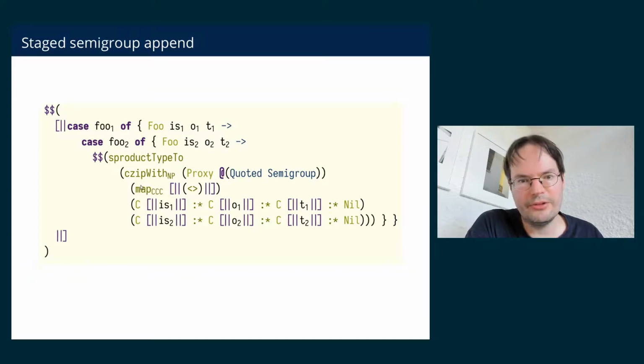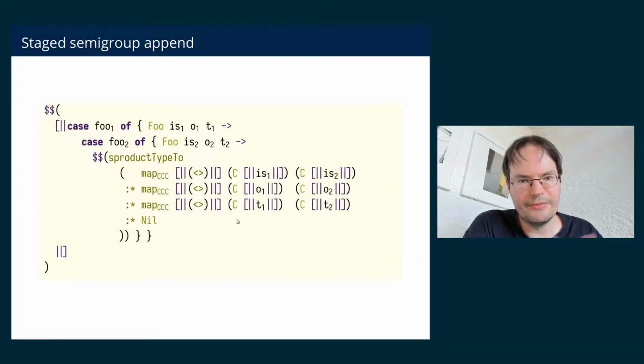And now we're at a point again where we can apply czipwidth, and that is essentially the same as before, only that now we are applying it with this map CCC operator of the quoted diamond operator. But again, we're going to look at these components pointwise and are going to wrap them together. So we're going to get a single product where every component is a map CCC application.